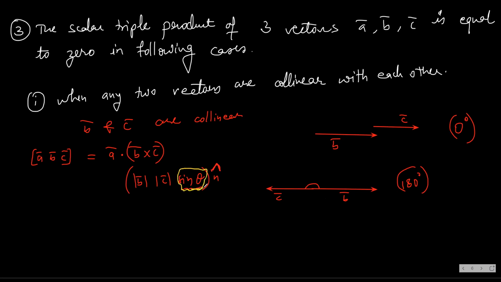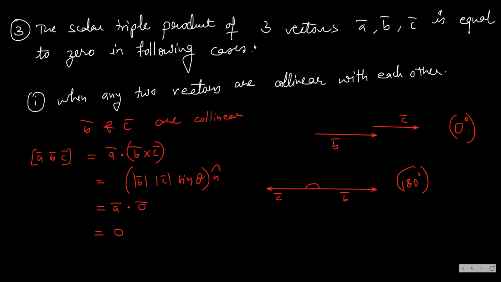If this part is 0, 0 into any number is 0 and 0 into n cap is 0 bar. So you will have here A bar dot 0 bar, and A bar dot 0 bar is equal to 0. So remember students, if any two vectors are collinear, you will get the answer as 0.